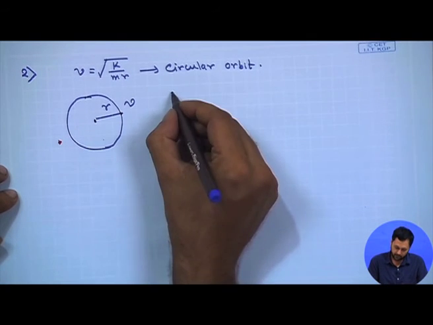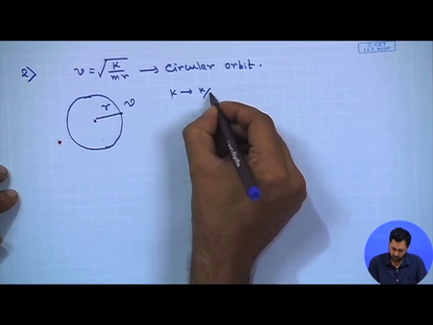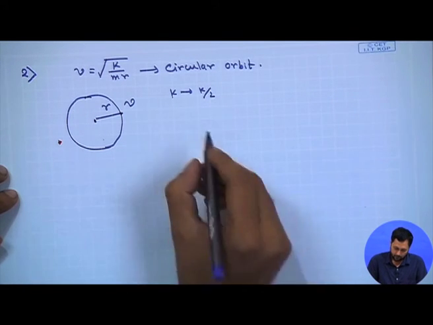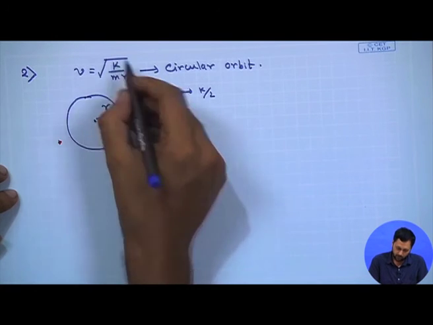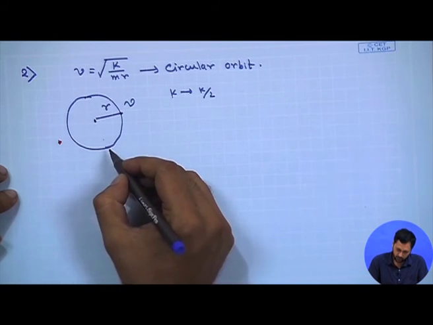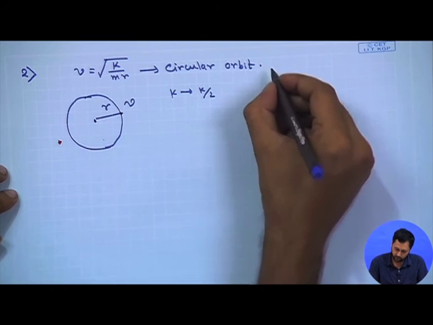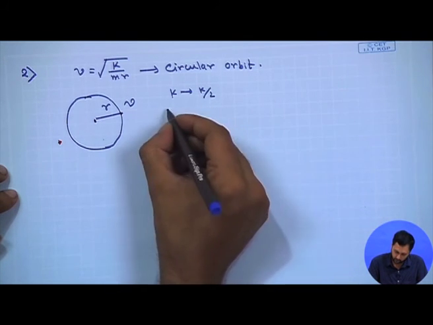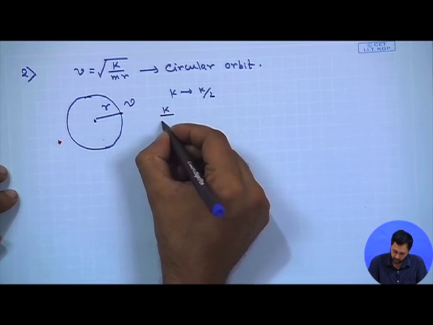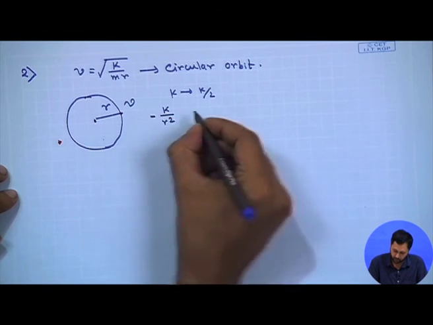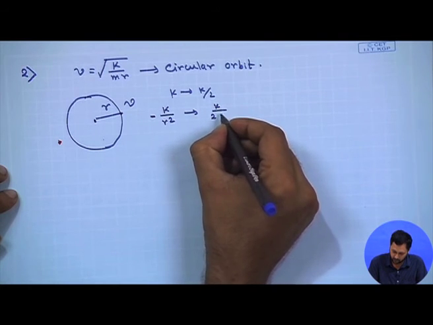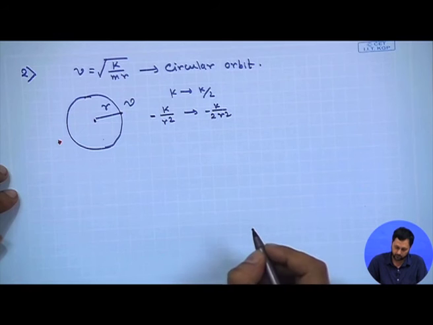Now, if k goes to k by 2, okay. Now, at this particular situation, when k goes to k by 2, the force, which was minus k by r square, is now k by 2 r square, right.